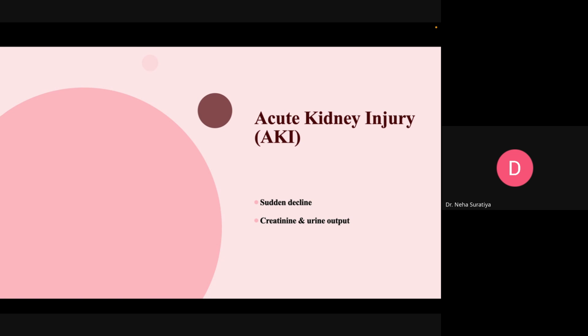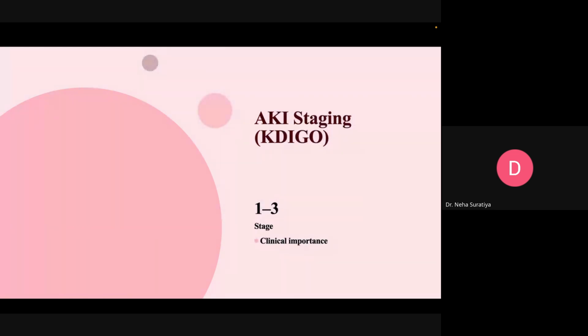So AKI is extremely common in hospitalized patients and ICU patients as well. Suddenly creatinine will be increased, suddenly the urine output may be decreased, right? This is the acute kidney injury. And we will have AKI staging, so that you can correlate the laboratory parameters with the AKI staging. And this is known as KDIGO.